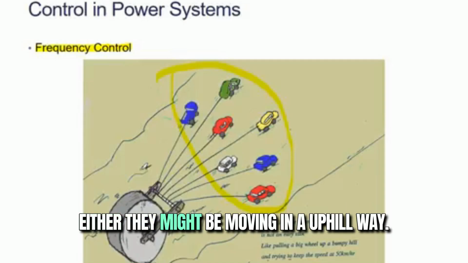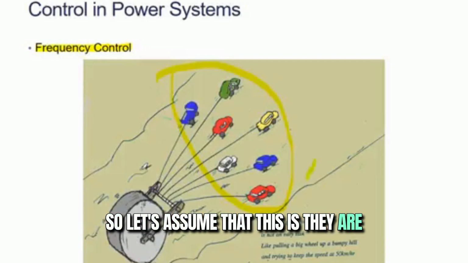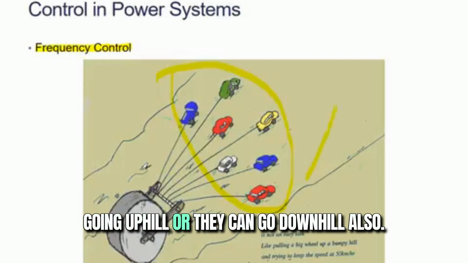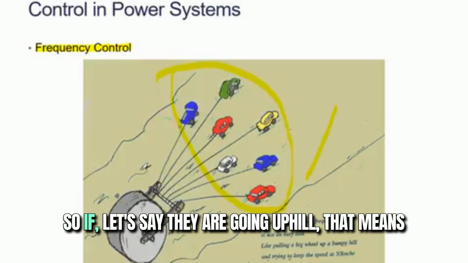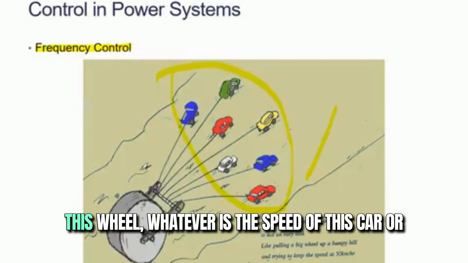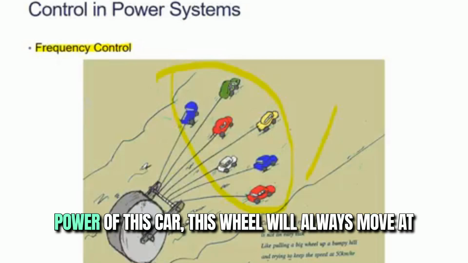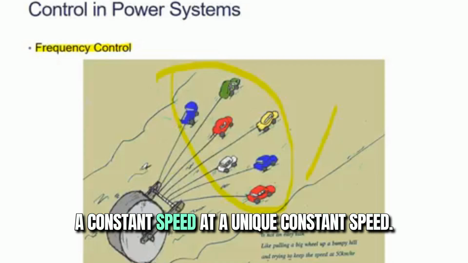Either they might be moving uphill, or they can go downhill also. If they are going uphill, then whatever the speed or power of each car, this wheel will always move at a unique constant speed.